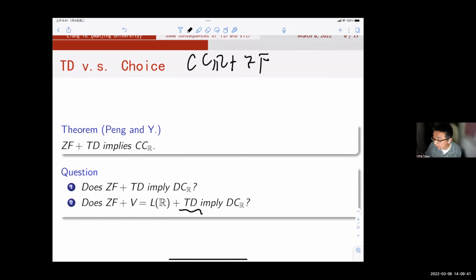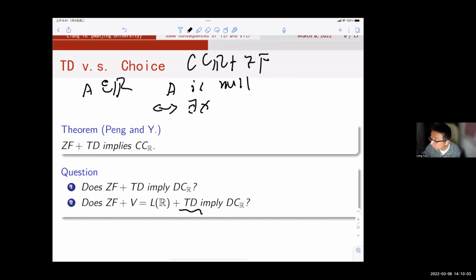Let's look at sets of reals. Let A be a subset of R, and A is null. How do we characterize a null set? We can prove by CC_R that A is null if and only if there is X such that for all Y in A, Y is not X-random.